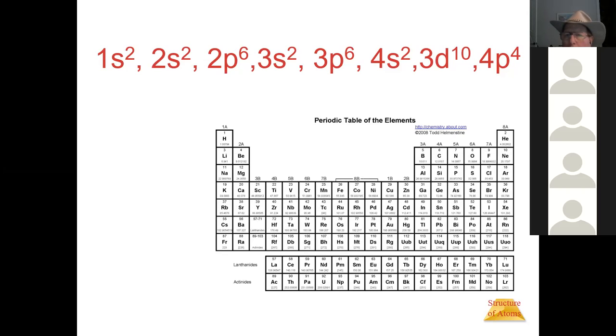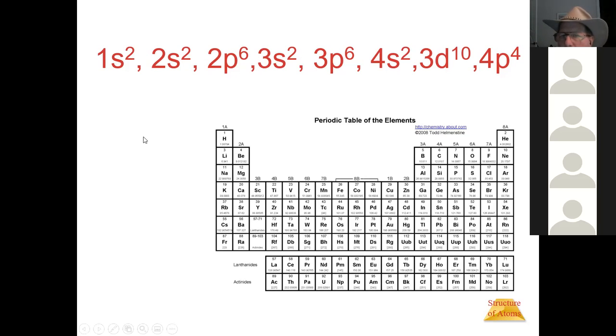That would be 4p, correct? So just count 4 over. Which element begins 2p?